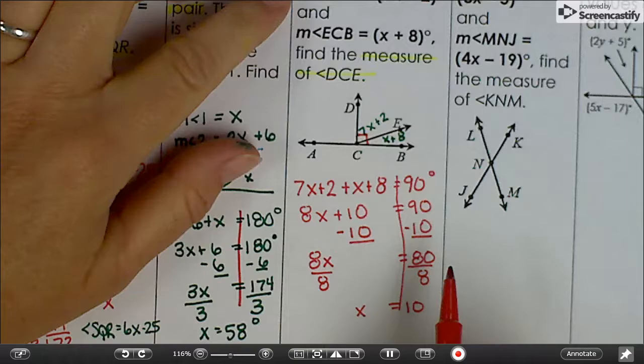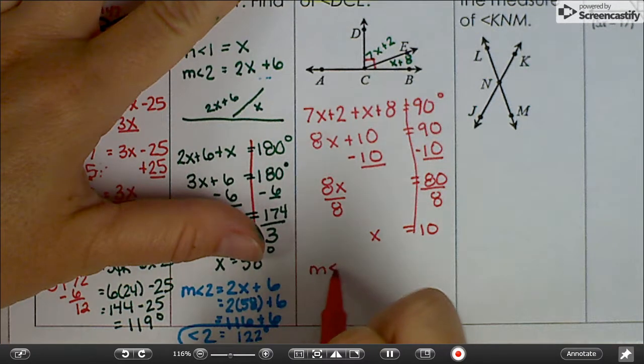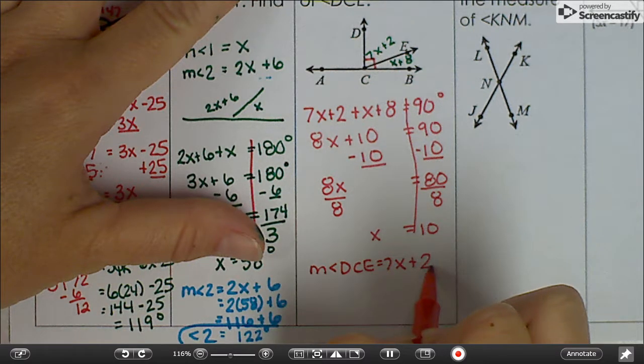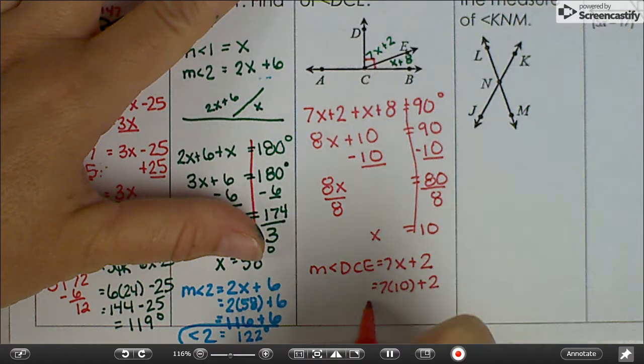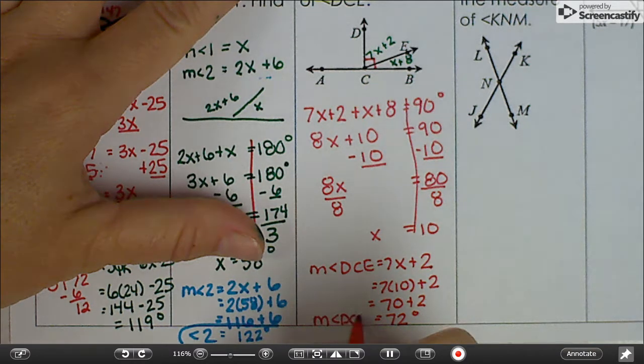Well, up here it tells us DCE is 7x plus 2. So the measure of angle DCE, 7x plus 2. We're going to plug the 10 in for the x. 7 times 10 plus 2. 70 plus 2 is 72 degrees. The measure of angle DCE is 72 degrees.